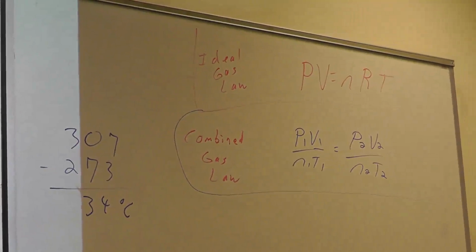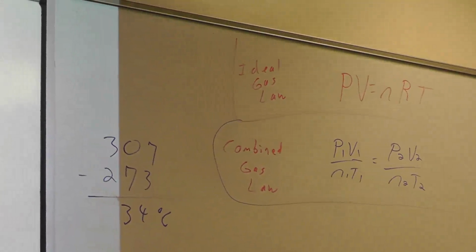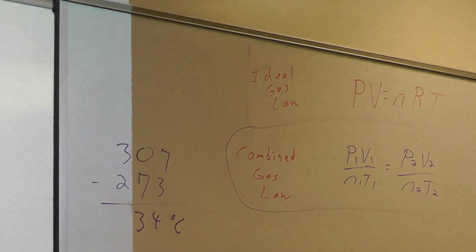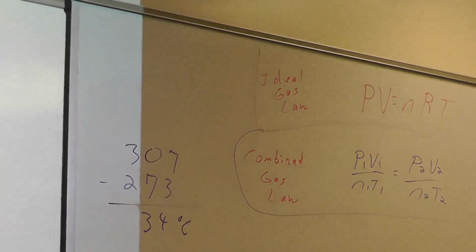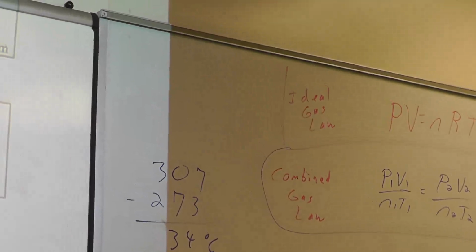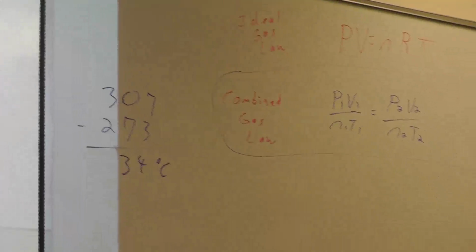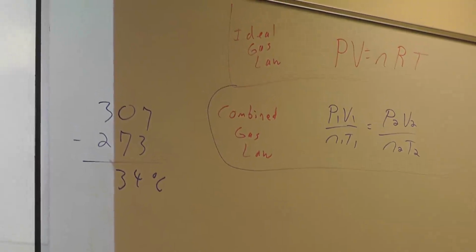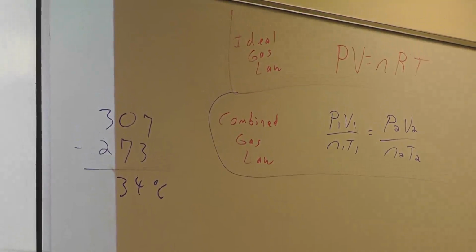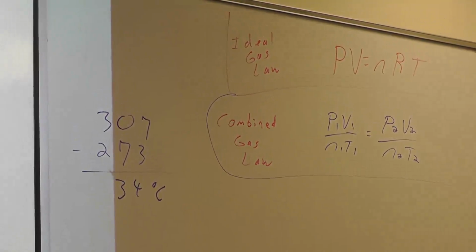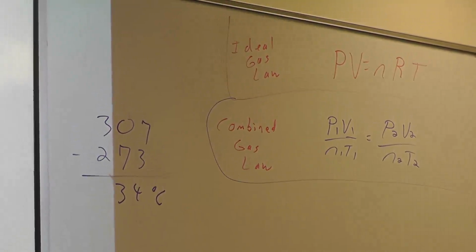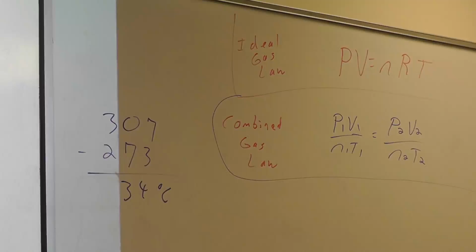Now the name combined gas law, if you flip through the book, they talk about Boyle's law and Charles' law and Avogadro's law and Gay-Lussac's law and a couple other folks' laws as independent laws. One of them deals with pressure and volume, one of them deals with pressure and temperature. I don't remember whose is whose, and that's okay. Don't worry about those individual ones.